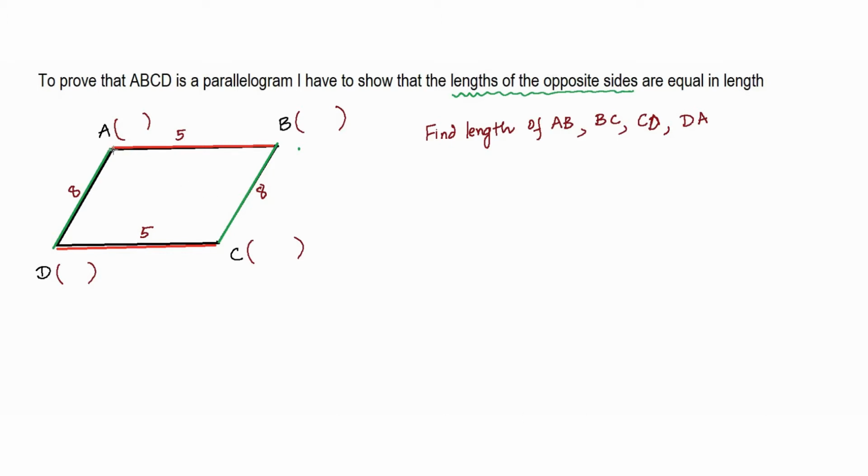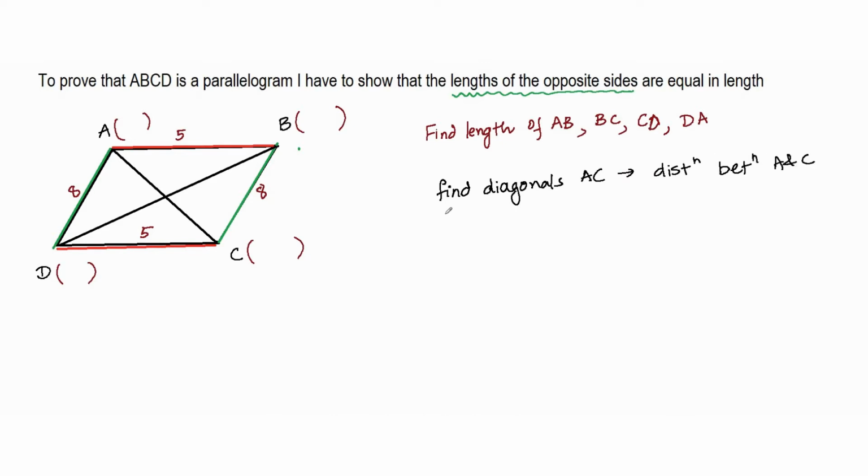And similarly, if they ask me to find the length of the diagonal, what I can do is find the distance between A and C and also find the distance between B and D. So I can find the diagonal AC by calculating the distance between A and C, and I can also find the diagonal BD by finding the distance between B and D, right?